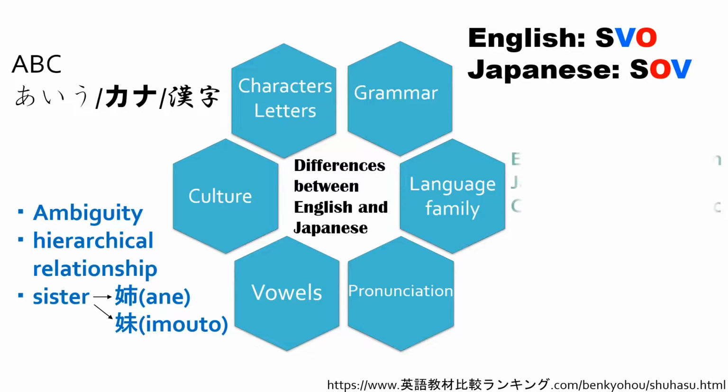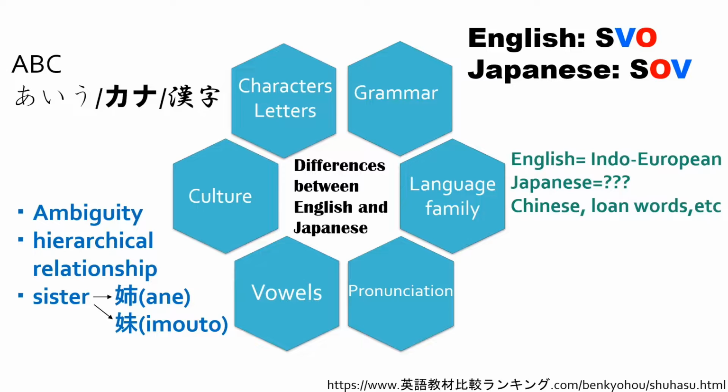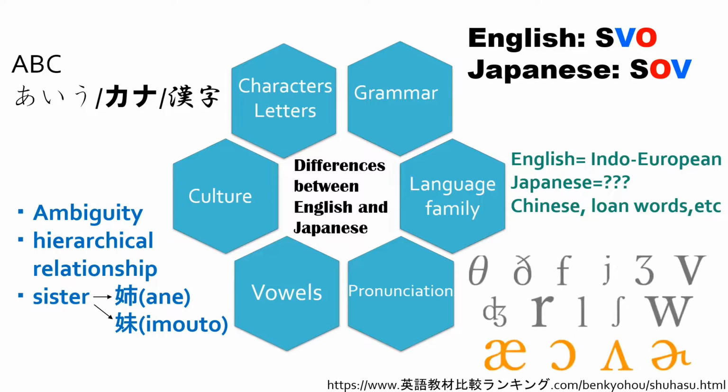And next difference is language family. It is obvious that English and Japanese are from different backgrounds, but the Japanese language hasn't been completely explained yet. And lastly, one of the biggest differences is vowels and pronunciation.